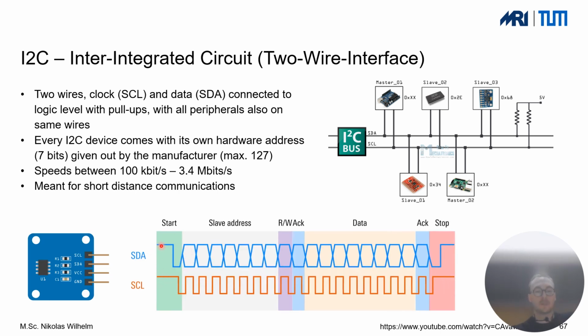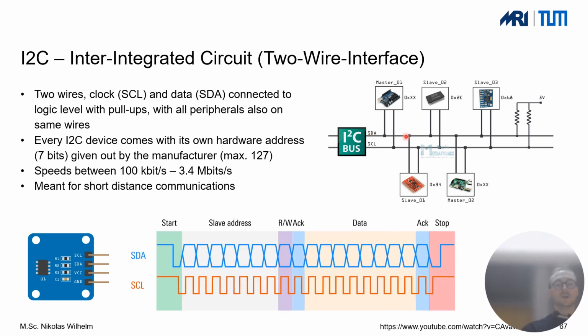Once, first of all, the data line is pulled low, then the clock will start. We can see that here, running on all of the respective systems, and then the master can, for example, first of all communicate what it wants to happen. First of all, it will communicate to some kind of slave with a respective address.